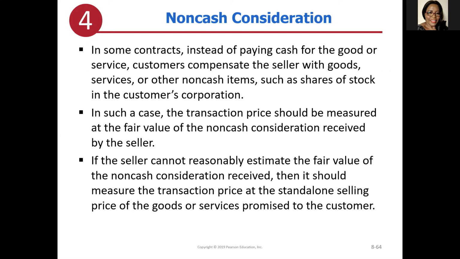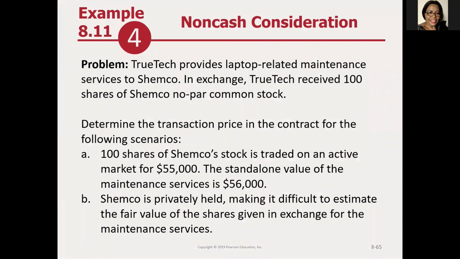And here in example 8.11, we'll demonstrate the accounting for non-cash consideration. TrueTech provides a laptop-related maintenance service to Shemco. In exchange, TrueTech receives 100 shares of Shemco non-par common stock. Determine the transaction price in the contract for the following scenarios.